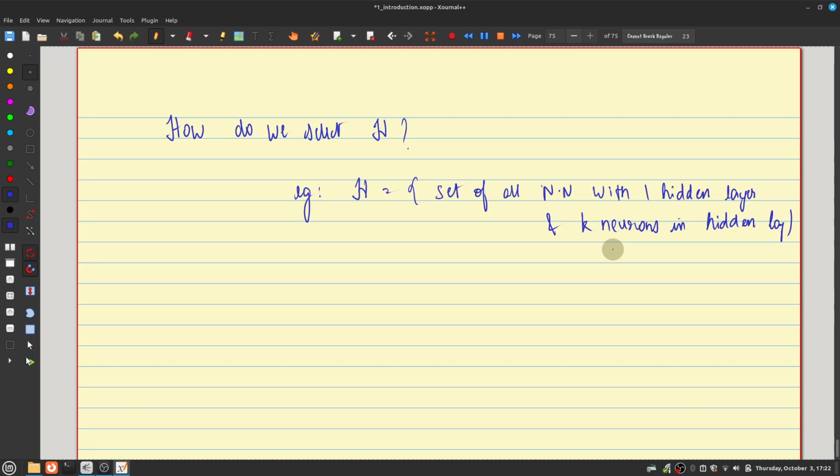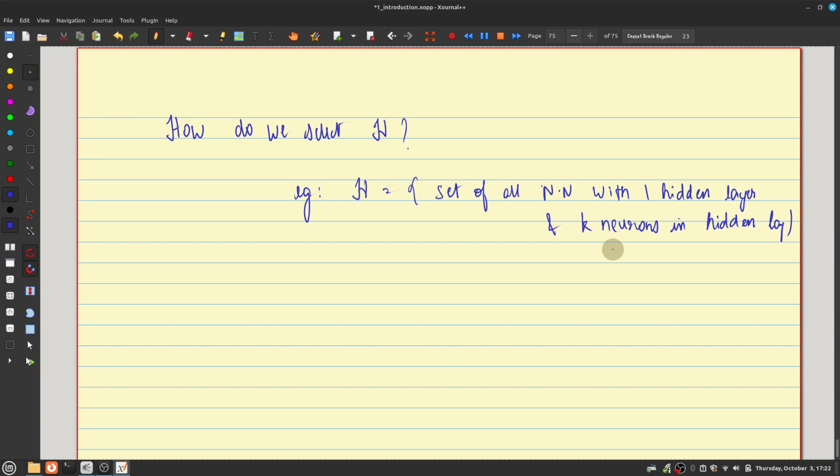As you increase k, the complexity increases, and obviously if the VC dimension is finite, then the VC dimension also increases. But at the same time, potentially you could achieve a smaller minimum generalization error.